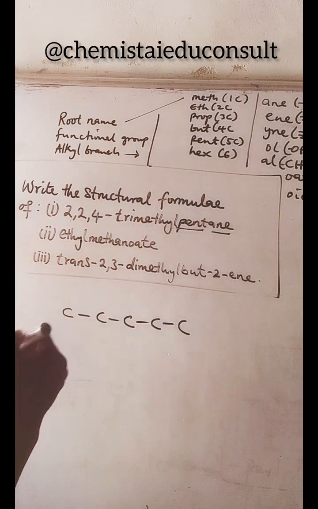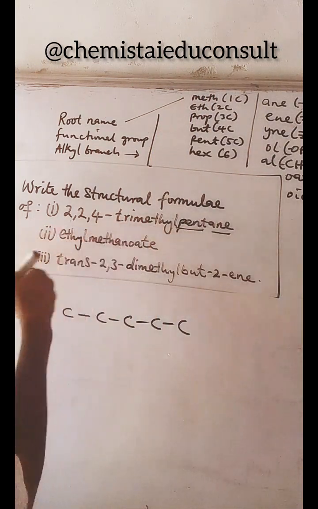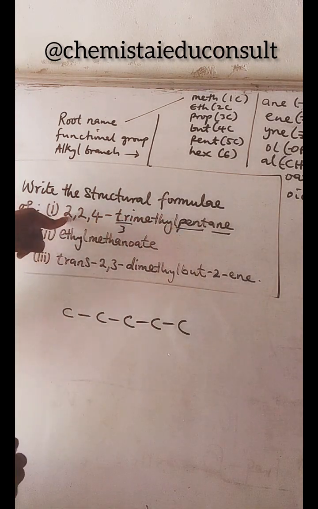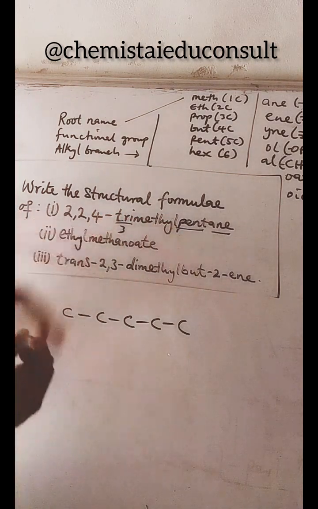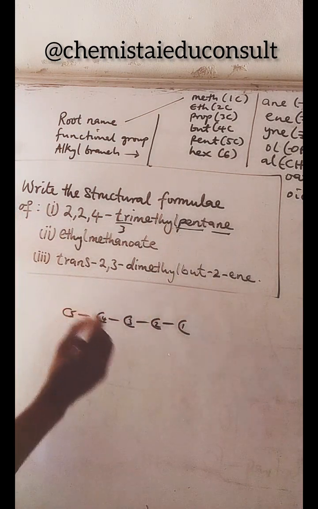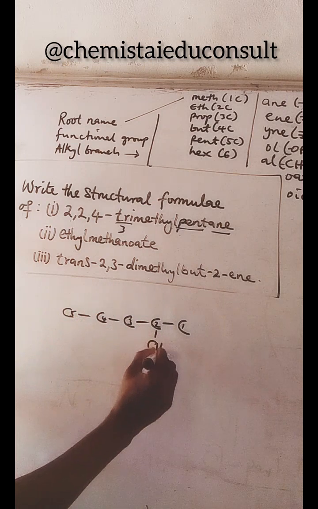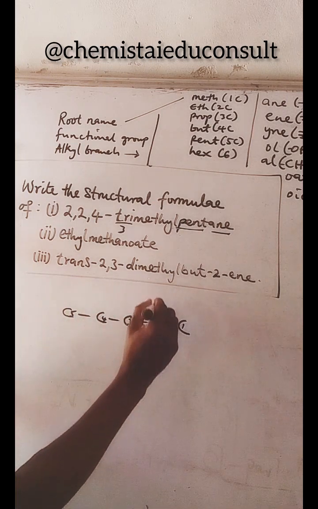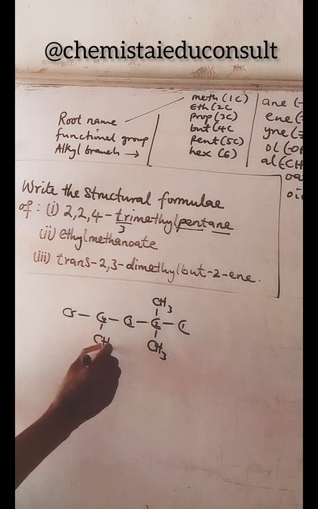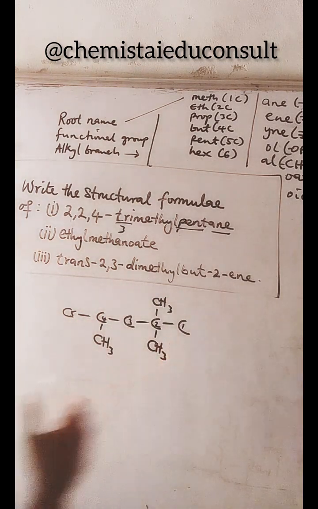So methyl branching off, but the methyl is 3 in number. Trimethyl, attached to the second and 4th carbon. If you number this carbon 1, 2, 3, 4, 5: at the second you have CH3, methyl. At the same second you have CH3, methyl. Then at the 4th, you also have CH3, methyl. That is the meaning of this.